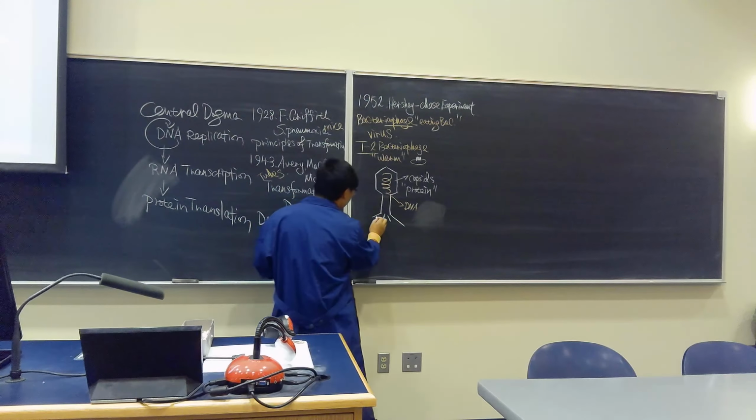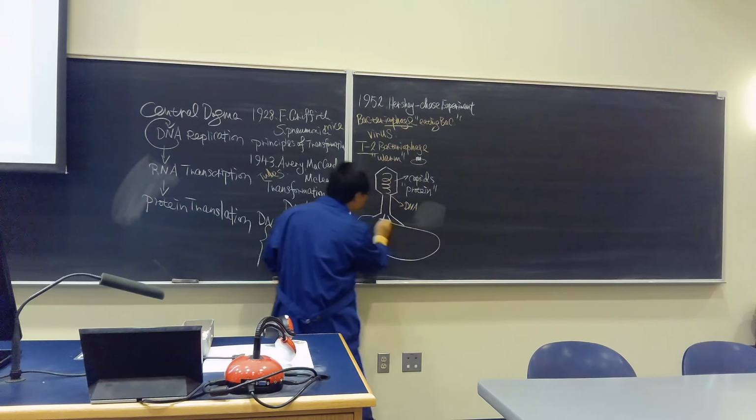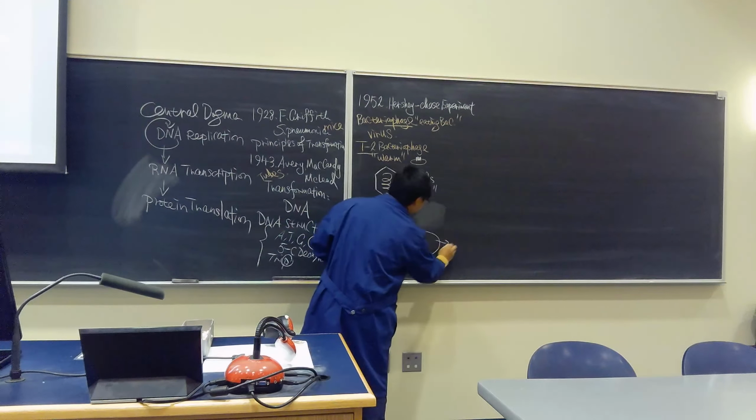And how do the phages survive? They need to find the bacteria. This is the bacteria, and in their experiment, it is an E. coli cell. So what happened is, this is the E. coli whole genome.